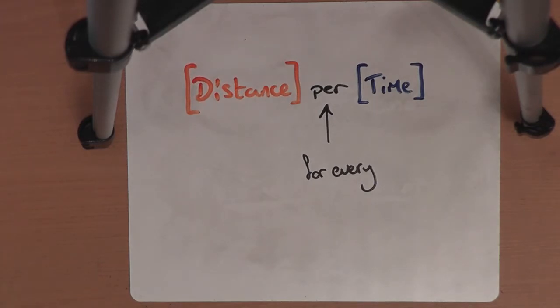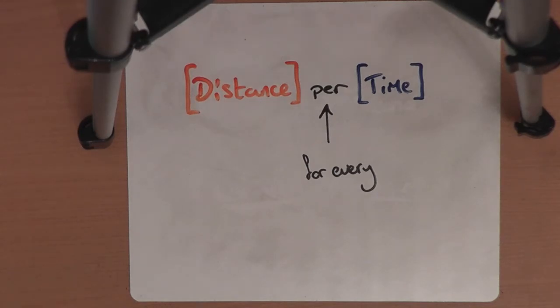So miles per hour is the number of miles for every 1 hour that you go. Kilometers per hour, the number of kilometers for every 1 hour of time that passes. Meters per second, the number of meters travelled for every second that passes.